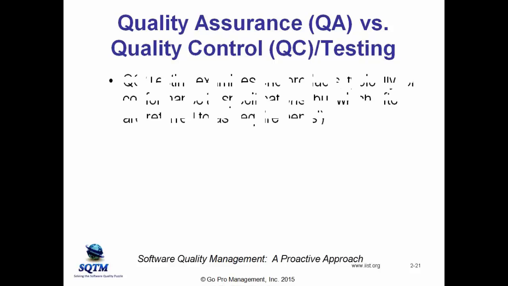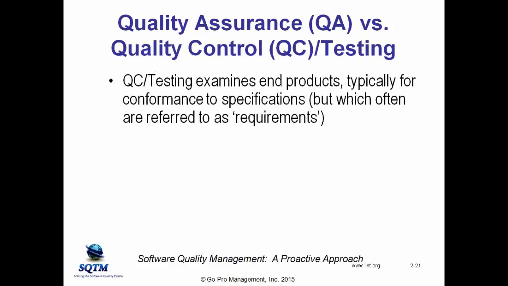But the classical definition or the classical distinction is that testing examines products, typically end products, typically for conformance to specifications, which in turn are often referred to as requirements. That's what testing is.